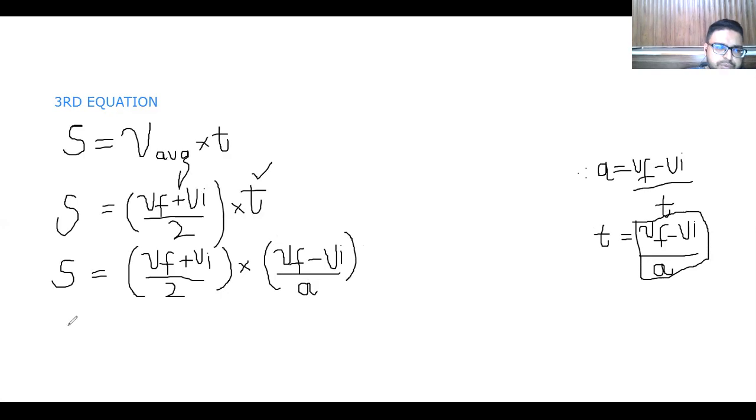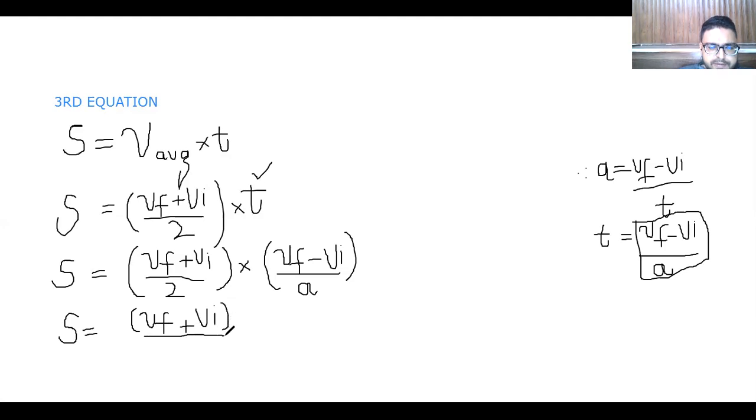Right? So in the next step we will multiply numerators with numerators and denominators with denominators. So it will become Vf plus Vi divided by 2, and multiply here with Vf minus Vi.